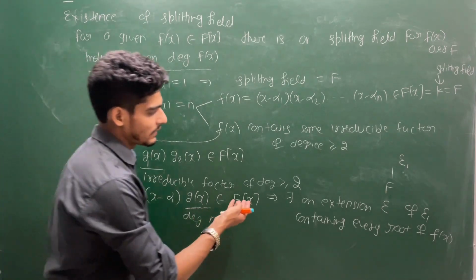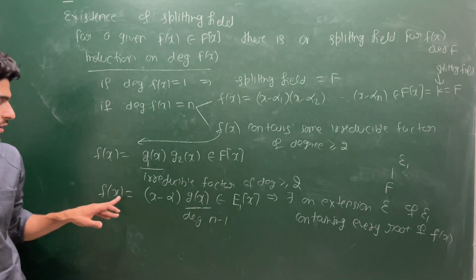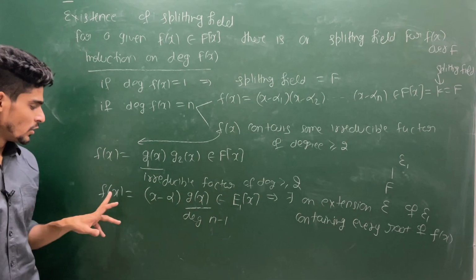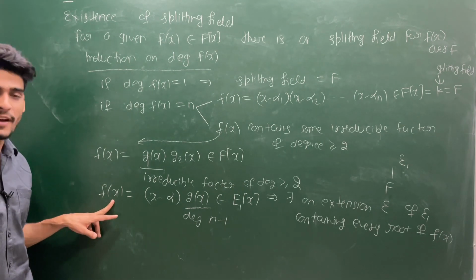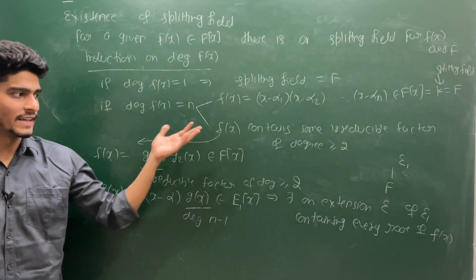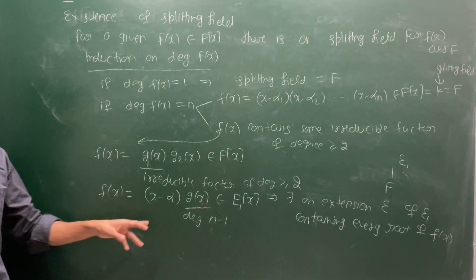Now you collect all such extensions which contain every root of f. You collect all the extensions of F which contain every root of f and take their intersection. That is possible because you are taking the intersection of fields, since every extension is again a field.